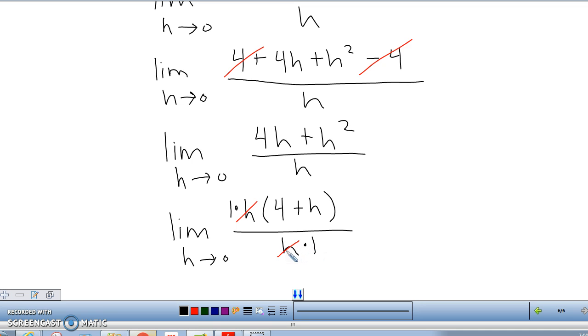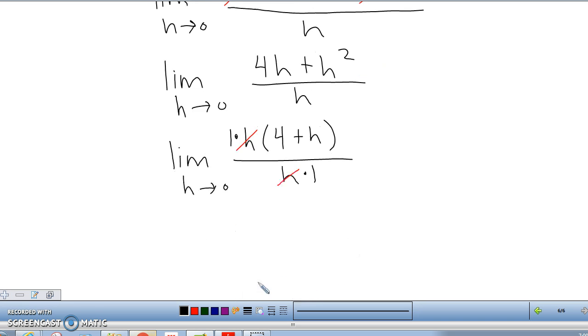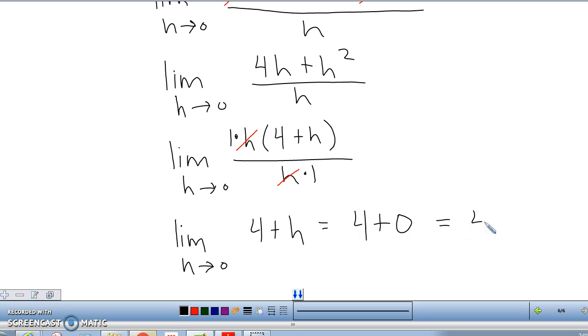Remember, this variable is actually 1h, so the 1 stays. So the limit as h approaches 0 of 4 plus h is equal to 4 plus 0, which is just 4.